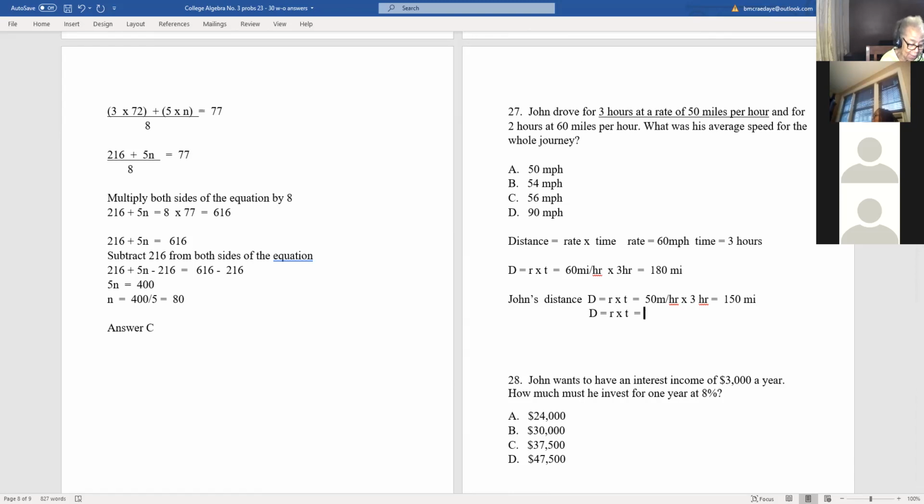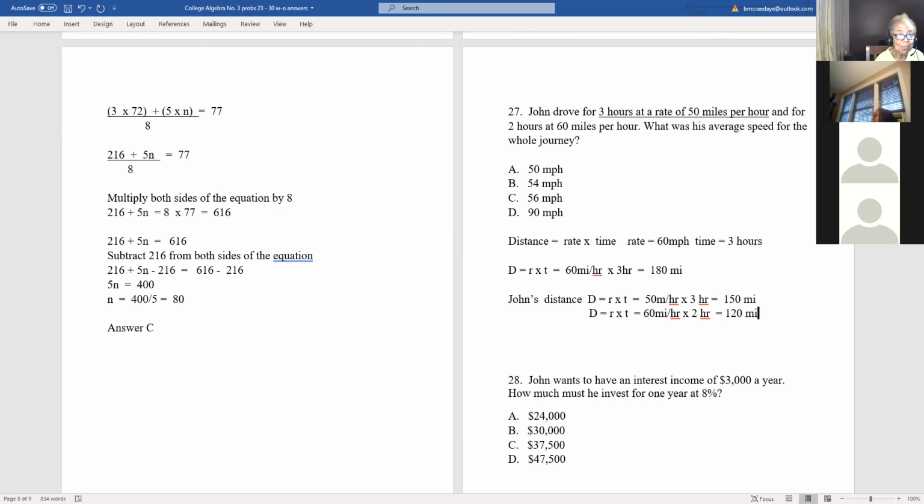Yes, 60 miles per hour for 2 hours. So that's time 2 hours. What is that distance? What's 60 times 2? 120.